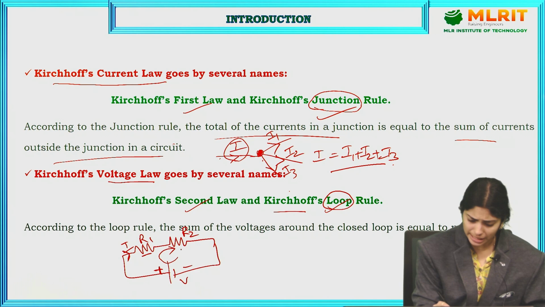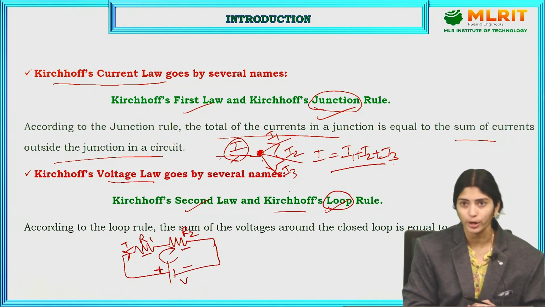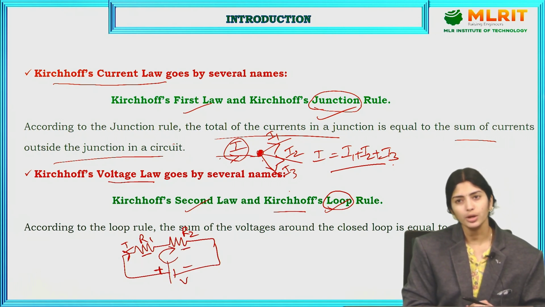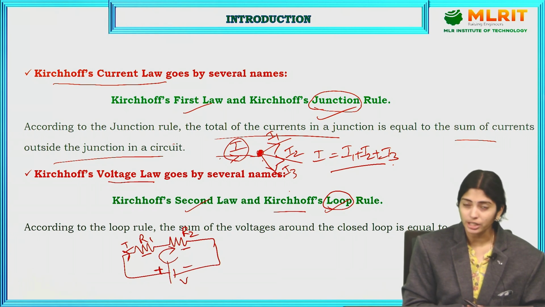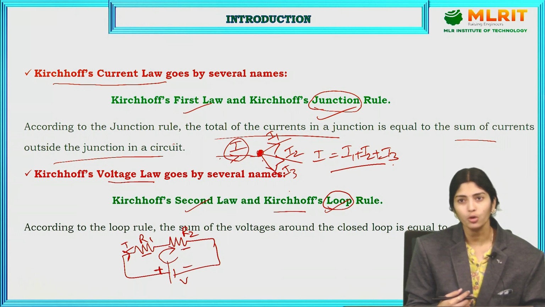Near the resistors, there will be some voltage drop according to the property of the resistor. What is the property of the resistor? It opposes the flow of electrons through it. Because of this opposition, there is some loss of energy, which is in the form of heat. So there will be some voltage drop.